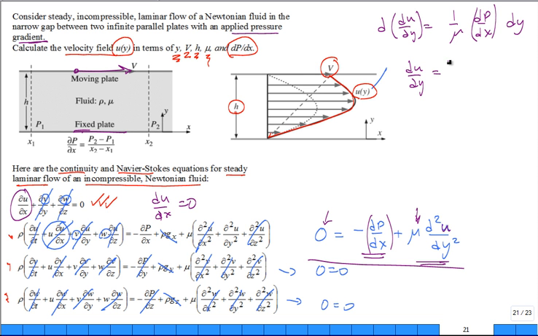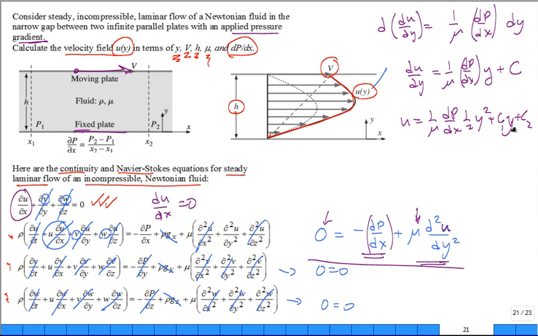You pick up 1 over mu dp dx times y plus some constant of integration. True? Separate and integrate again, you'll get u is equal to 1 over mu dp dx times 1/2 y squared plus C1 y plus C2. Two constants of integration.